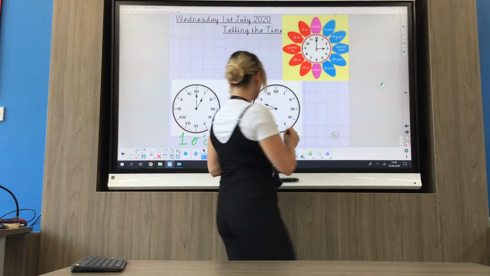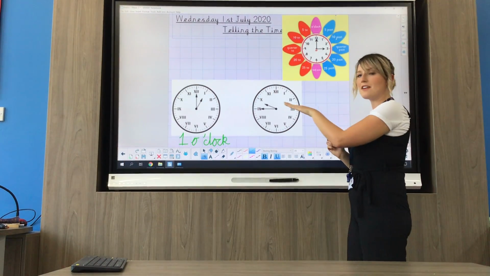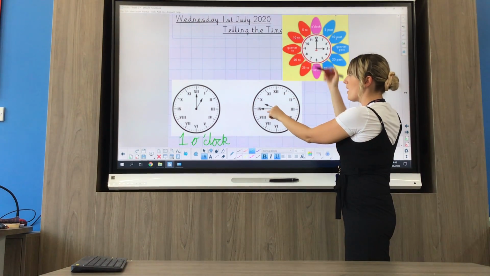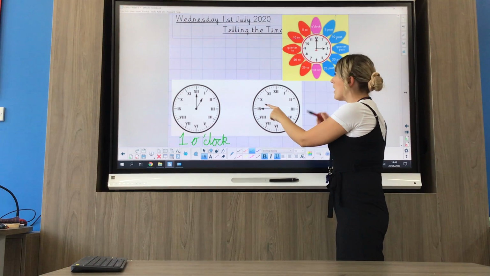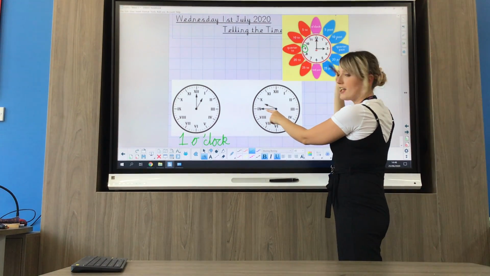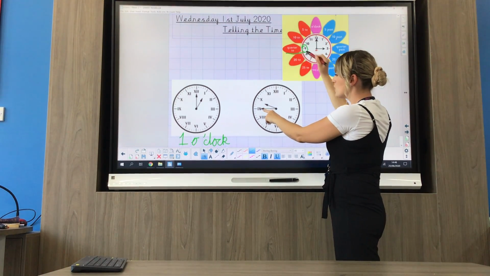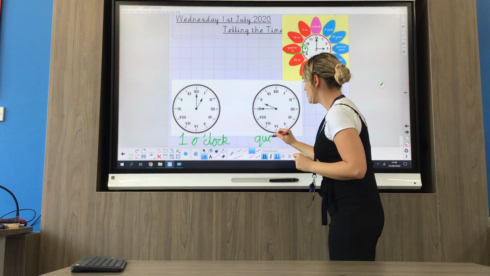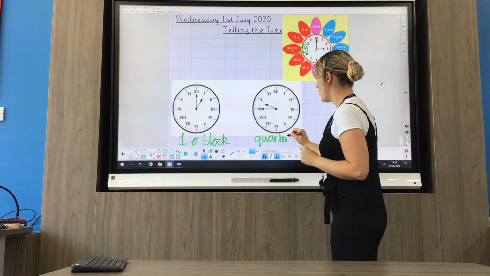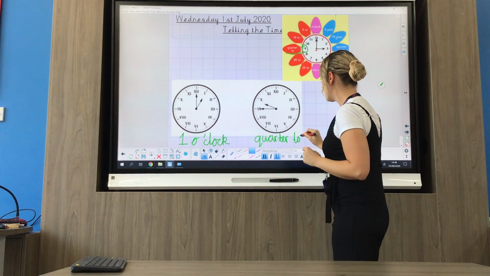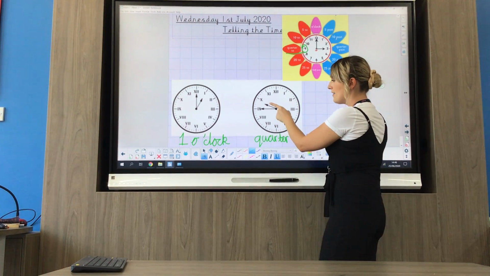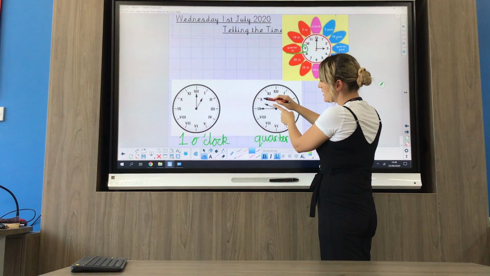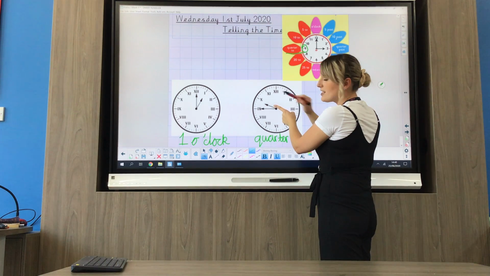The next one, I'm going to look at that long minute hand first. It's pointing over there, where the 9 would be. If it's at the 9, I'm using this picture to help me, it's quarter to. Let's work that out, so I'm writing it in first. Then my short hour hand is just before the 10.